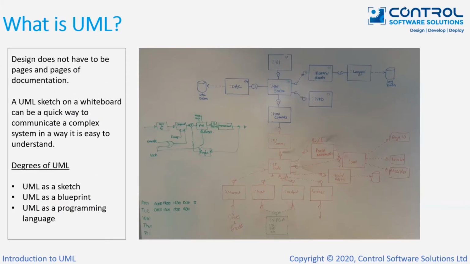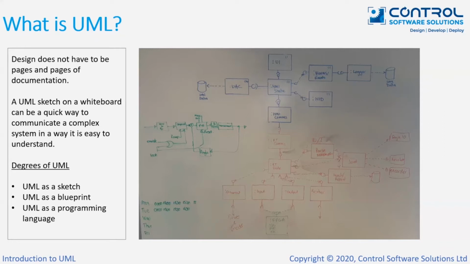So it doesn't have to be pages and pages of documentation. I tend to produce a document for an architectural blueprint, which obviously at that level is quite abstract. But for detailed design, unless the project requires it, I prefer to work with sketches on a whiteboard.